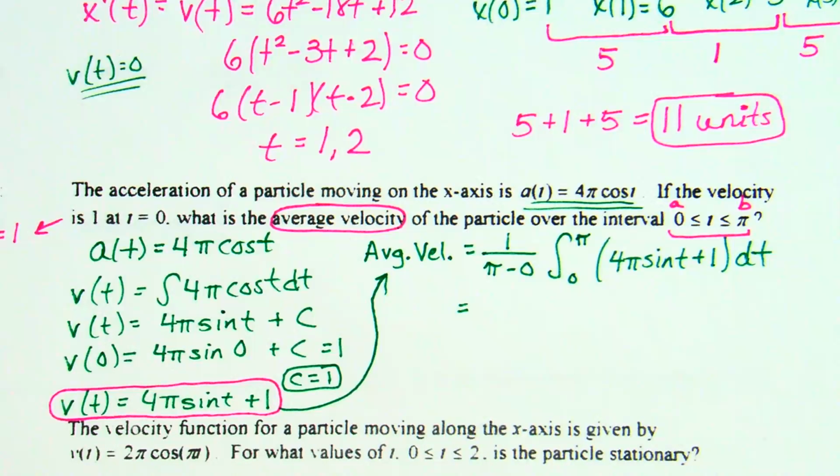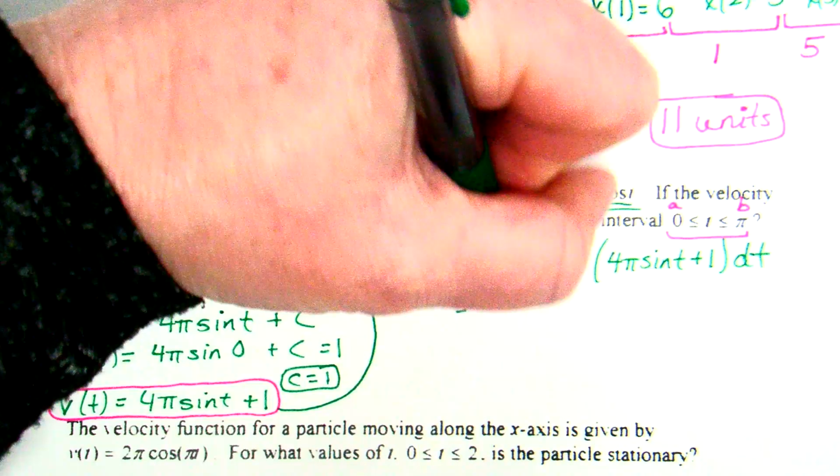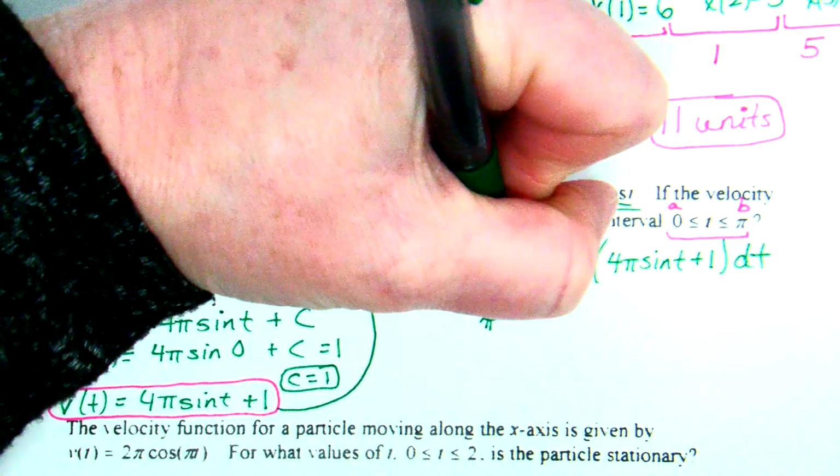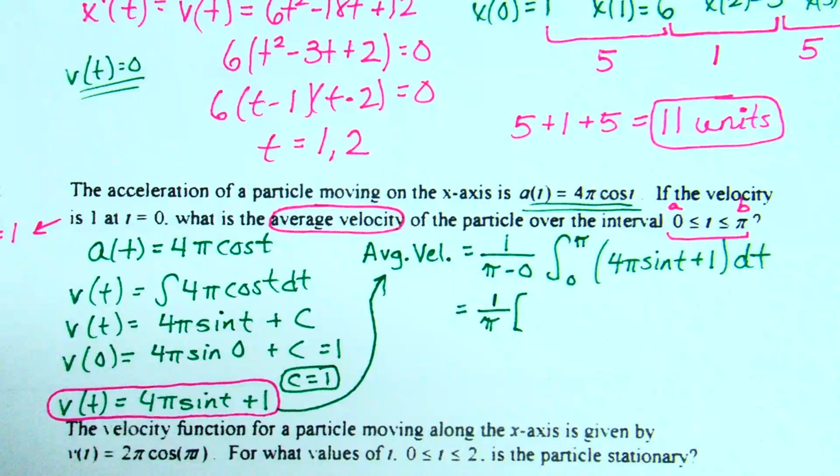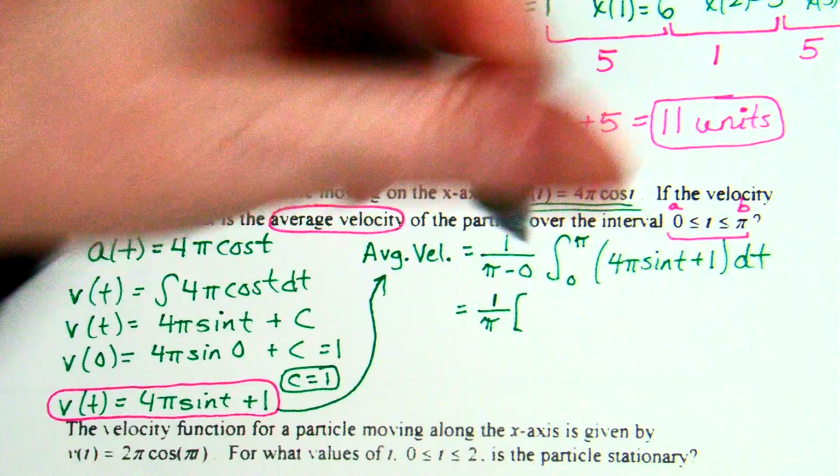Okay. 1 over pi minus 0 is basically going to be 1 over pi. What is the integral of 4 pi sine t? I can't put 4 pi on the outside because I also have this to integrate.